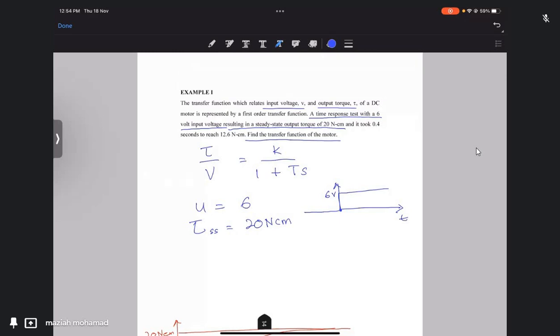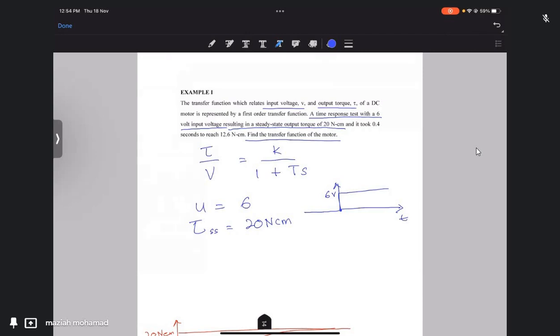So you apply 6 volt, the system will slowly respond to it, and then finally it will produce 20 Newton centimeter. Because it's first order, it will take some time. You don't apply the input and straight away get 20 Newton centimeter. Because we know this is first order, it will have some delay there.